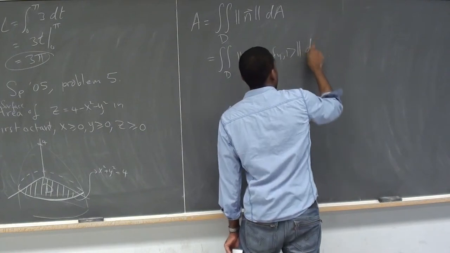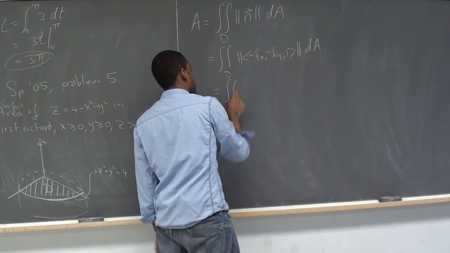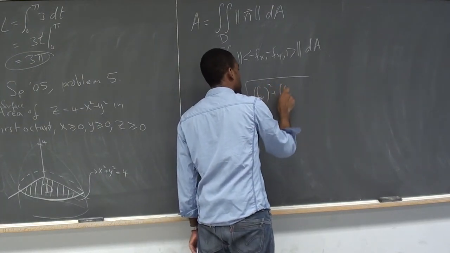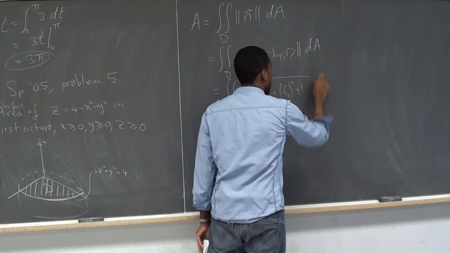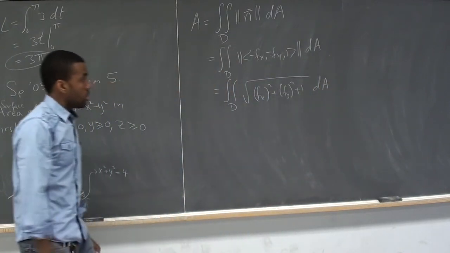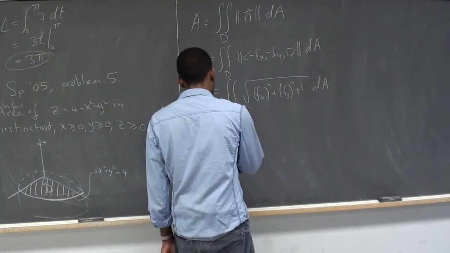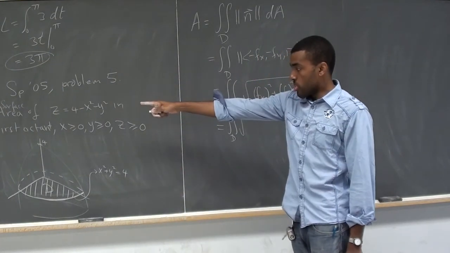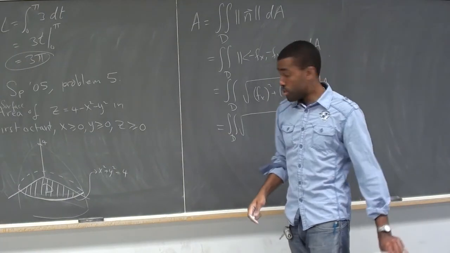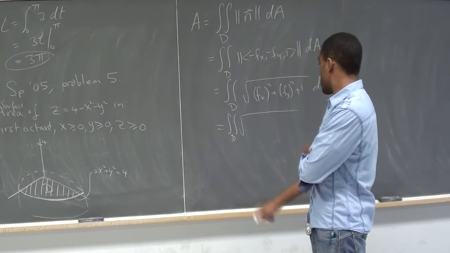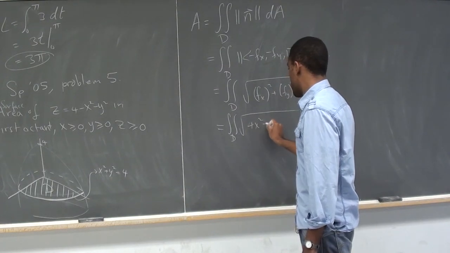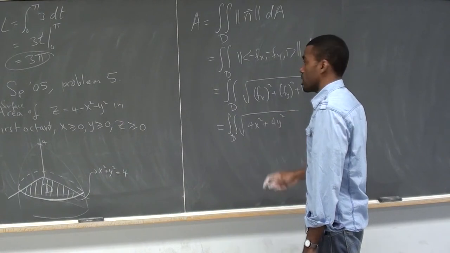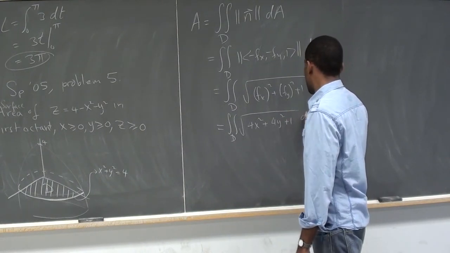So our area formula would look like the radical of fx squared plus fy squared plus 1. The partial with respect to x is minus 2x, so you square that, you get 4x squared. The partial with respect to y is minus 2y, you get 4y squared, plus 1.